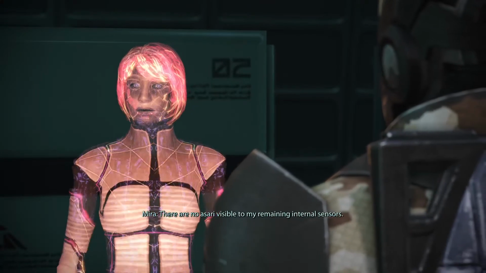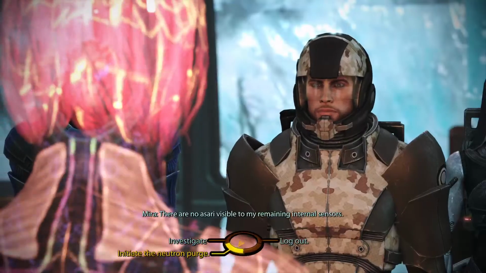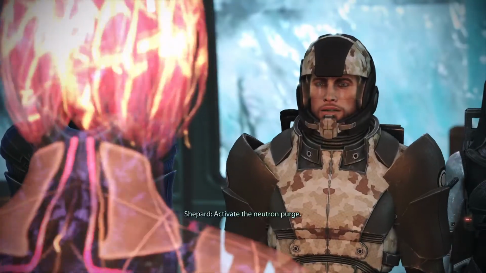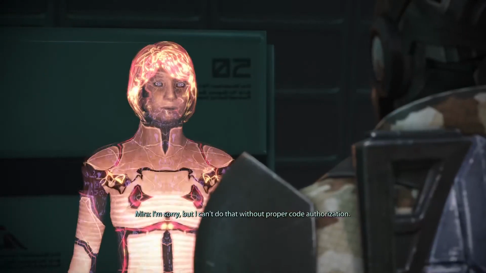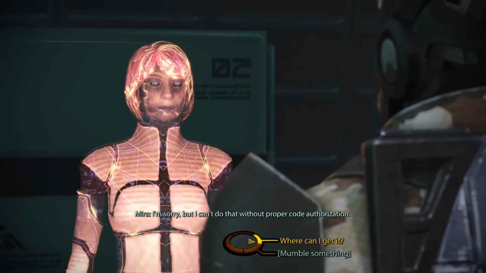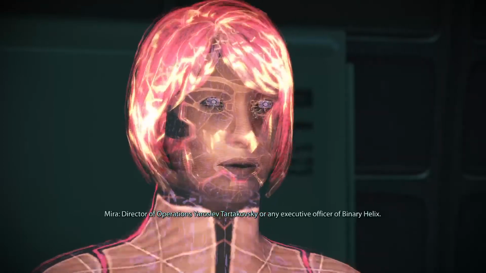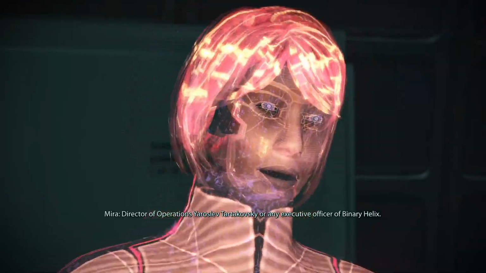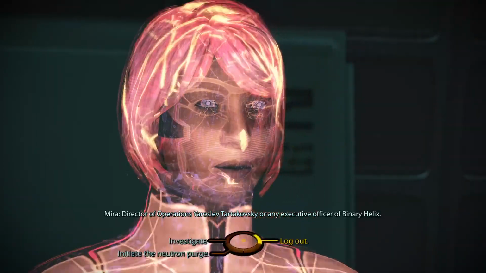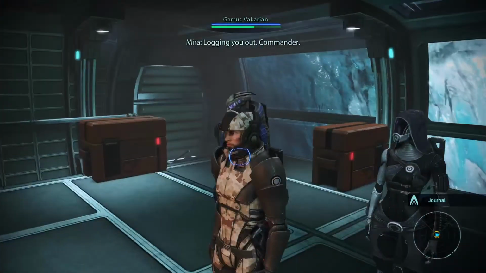There are no Asari visible to my remaining internal sensors. Activate the neutron purge. I'm sorry, but I can't do that without proper code authorization. Who would have the code? Director of Operations Yaroslav Tartakovsky, or any executive officer of Binary Helix. We're moving on. Logging you out, Commander.